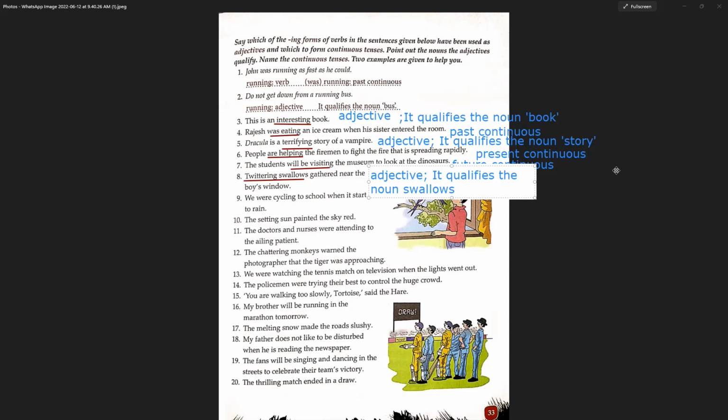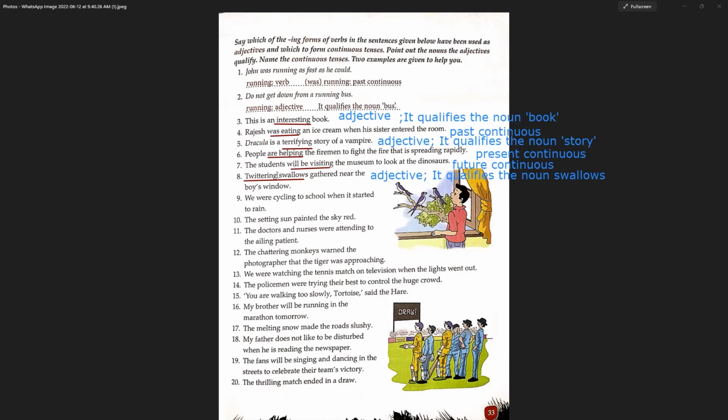We were cycling to school when it started to rain. Right. So you can see the swallows, a herd of birds, right? So they make a big noise. Okay. So we were cycling to school when it started to rain.